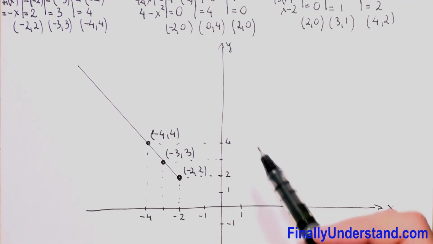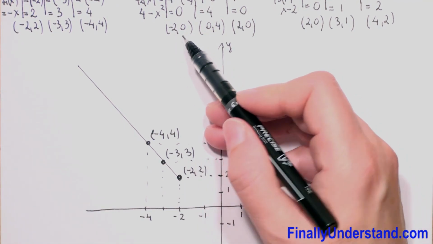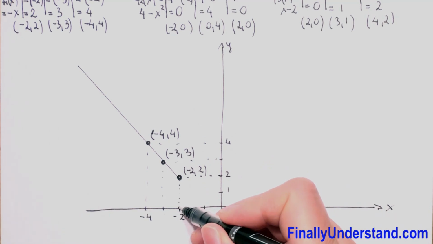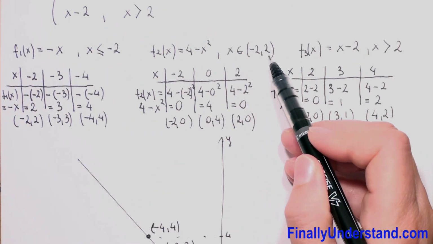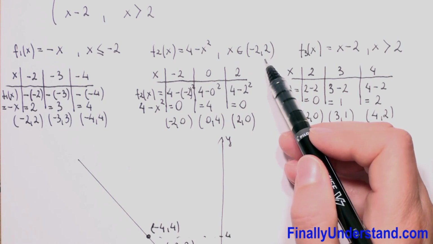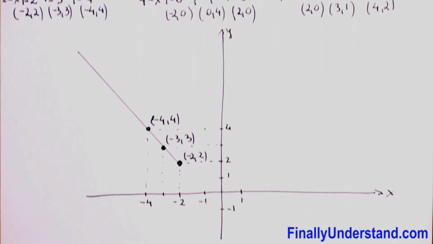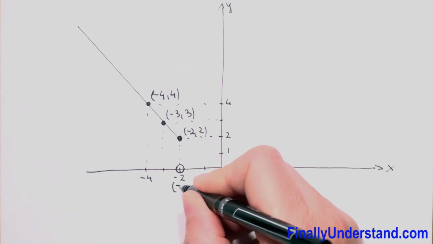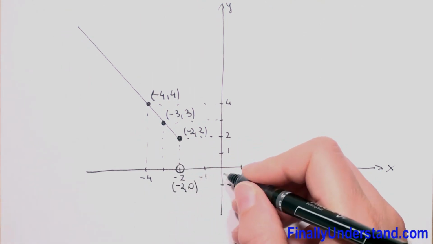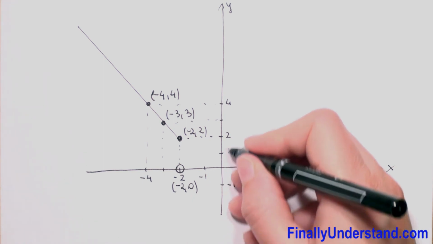Next we have the points -2, 0; 0, 4; and 2, 0. Because we have open intervals, -2 and 2 are not included, so I will draw a circle for -2, and likewise for 2, 0.